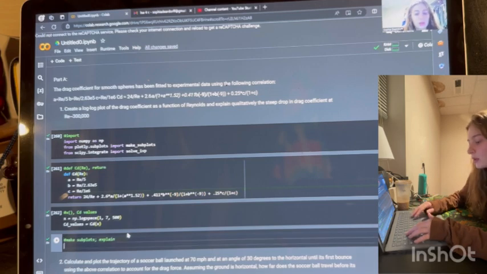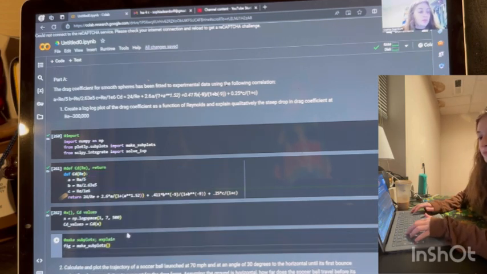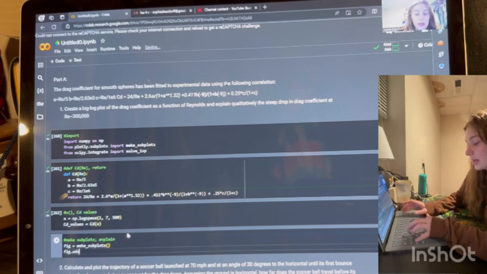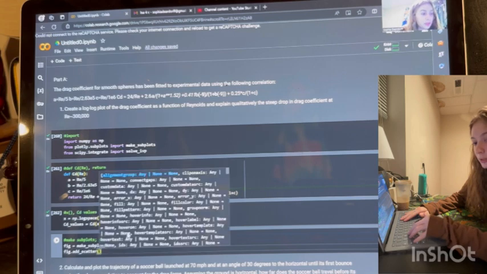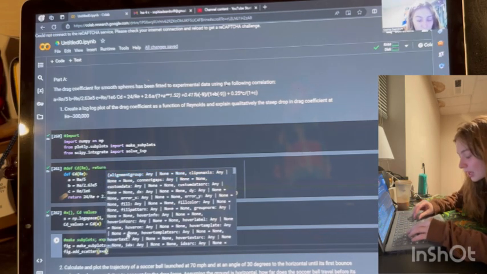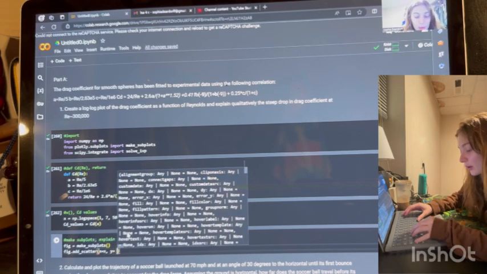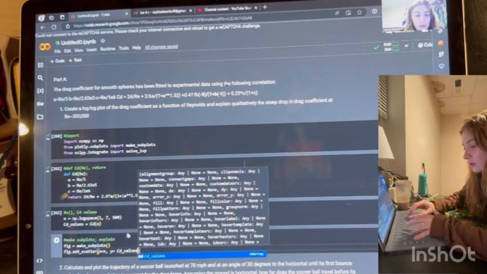Alright, and then we are going to do fig is equal to make subplots, and then we're going to do fig.add_scatter, and here we're going to add our x equals x and our y is equal to our cd_values.